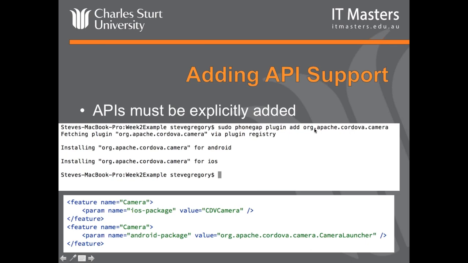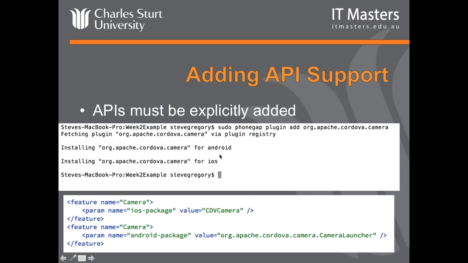So if you wanted to work with a GPS, you just look up phoneGap GPS on the phoneGap site, and it'll tell you what the name of it is. In most cases, it's going to be something like org.apache.cordova.gps or something. It's nothing too complicated, but we add that in, and then that will install it for whatever platforms that you've currently got installed, which is Android and iOS. Okay.